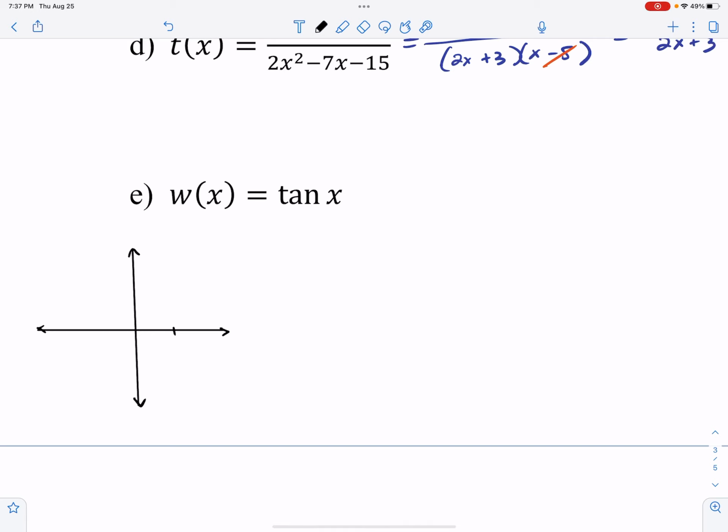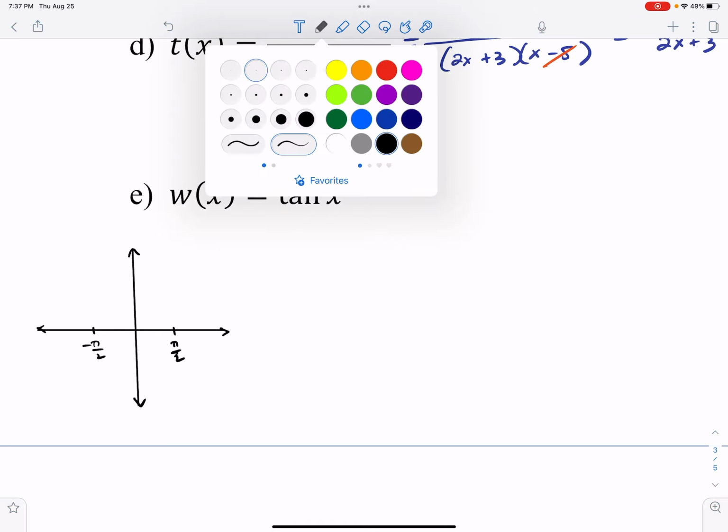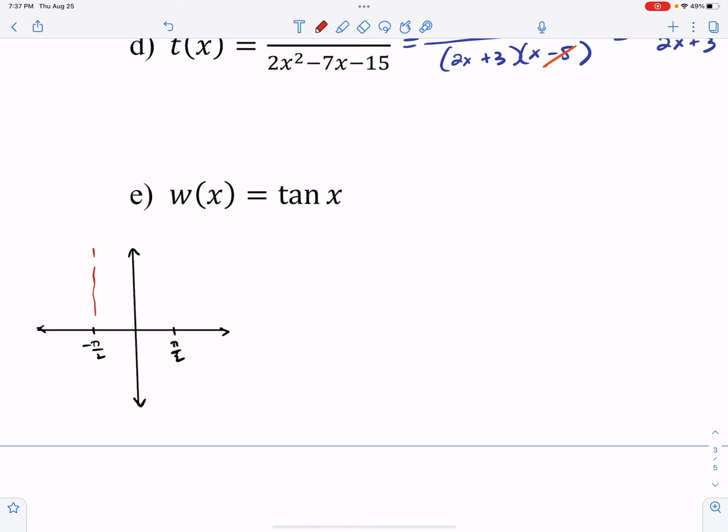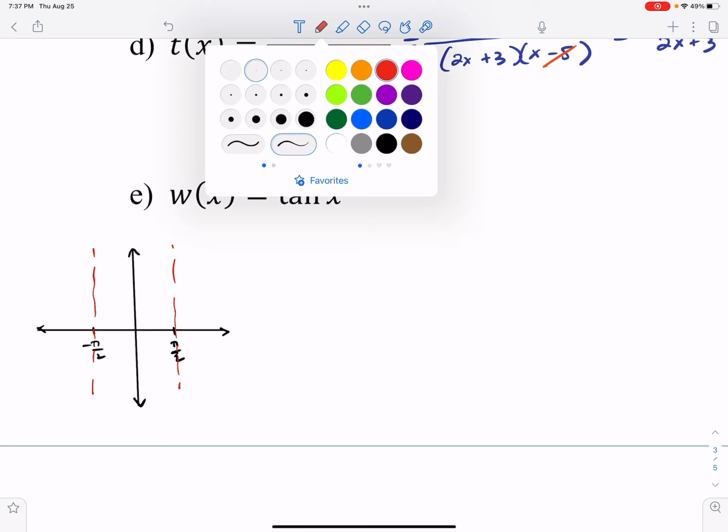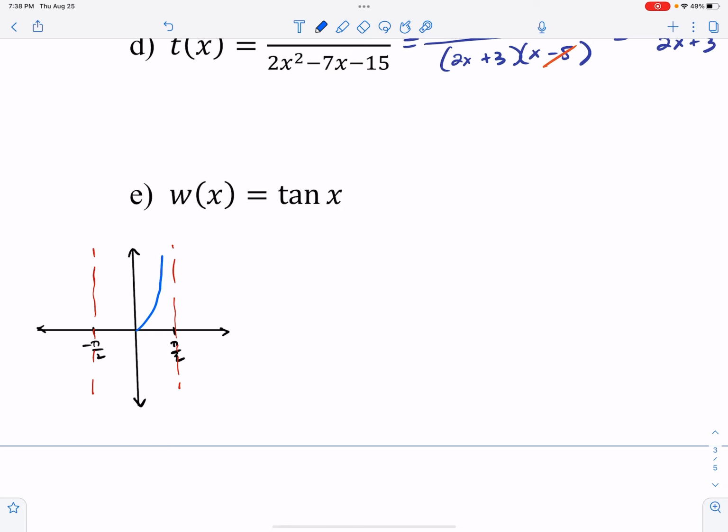But it passes through, tangent passes through the origin. So if this is pi over 2, half the period to the right of the origin, half the period to the left of the origin. Vertical asymptotes, negative pi over 2 and pi over 2.